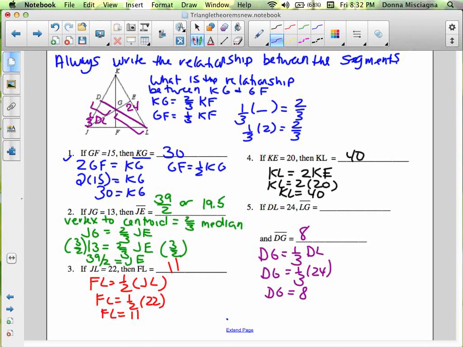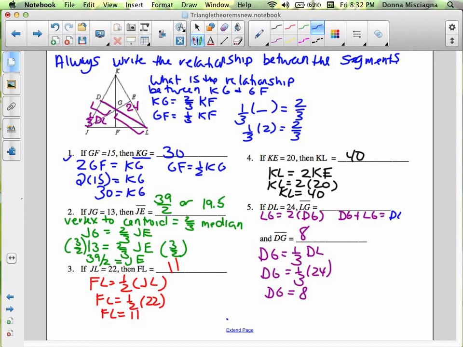Now, the easiest way to solve for LG is one of two ways. You can either do LG is 2 times DG, or you could do DG plus LG equals DL, the whole thing. And actually, I'll write it that way.